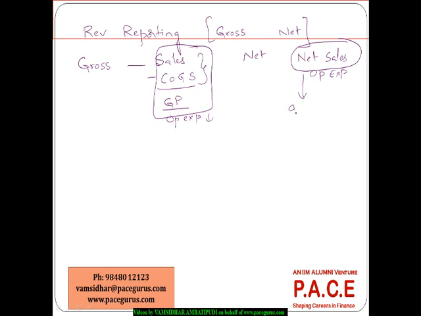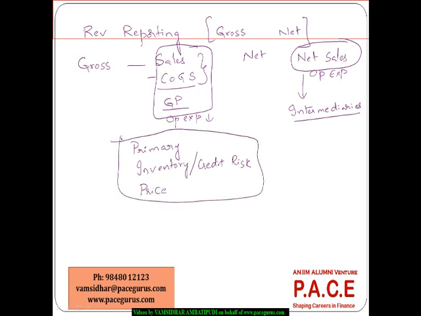Generally, we see that a lot of intermediaries report using the net mechanism, but someone who is the primary producer of the product, who bears the inventory risk, who bears the credit risk, who has reasonable control over the price of the product, these kinds of companies have to go with gross revenue reporting.